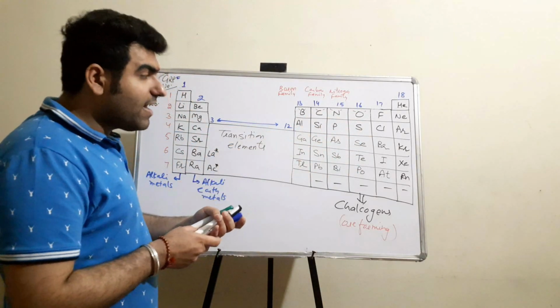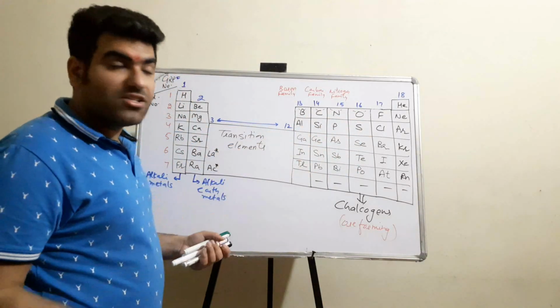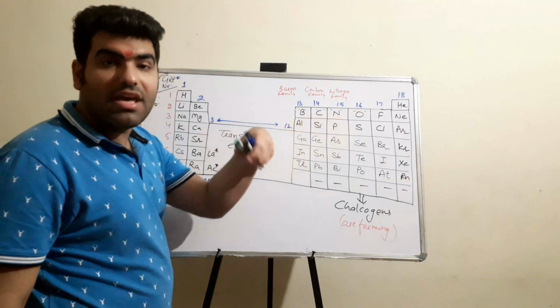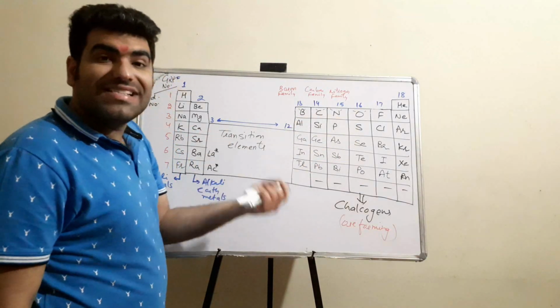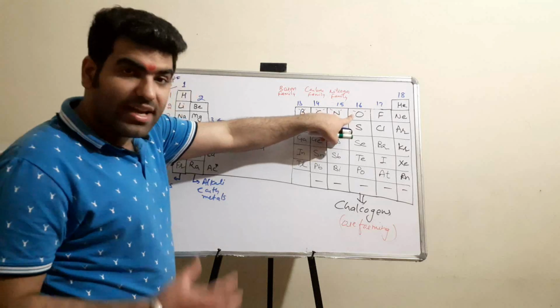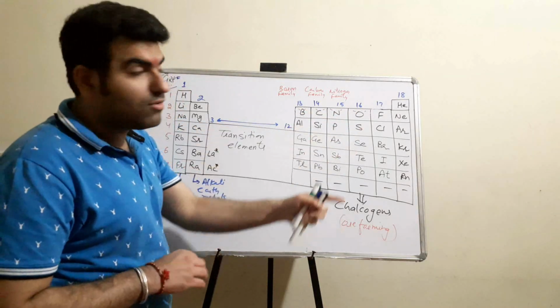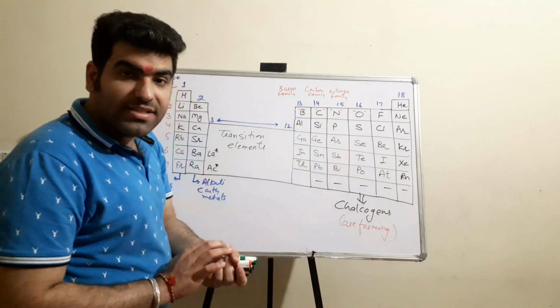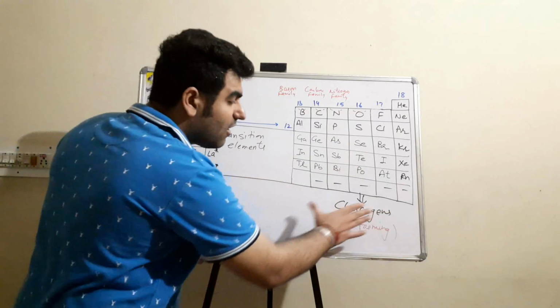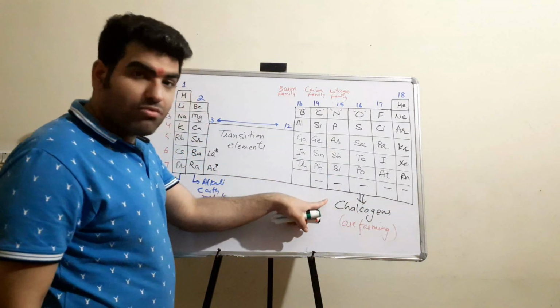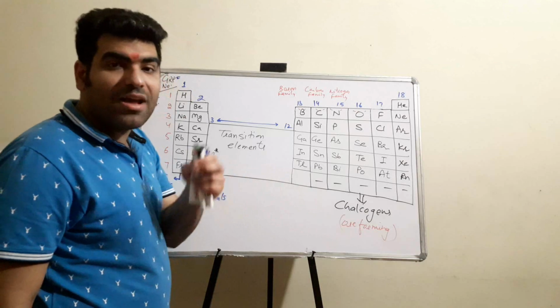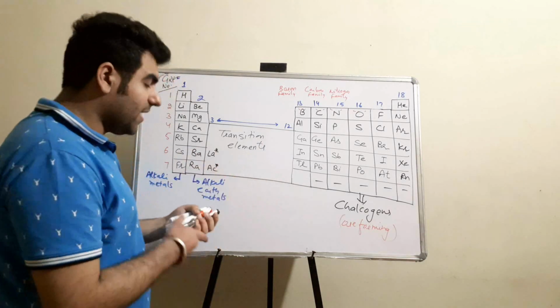So let us say we are having iron pyrite FeS2, then we are having Fe2O3, Fe3O4, then ZnS. So they are either an oxide ore or a sulfide ore. So all the elements present here are mostly found in ores. So these are known as chalcogens, which means they are ore forming.